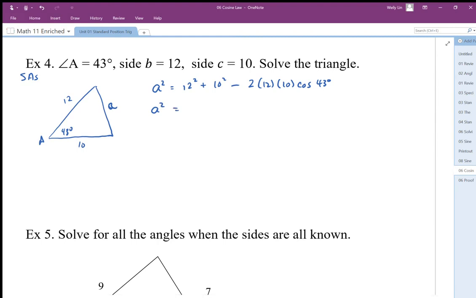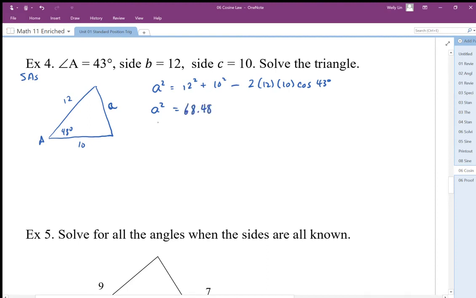Okay, so I get 12 squared plus 10 squared minus 2 times... so I end up with a square value of 68.48.